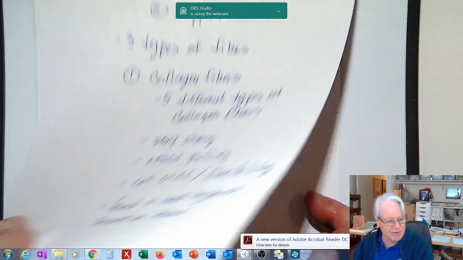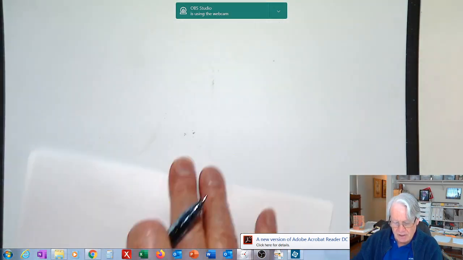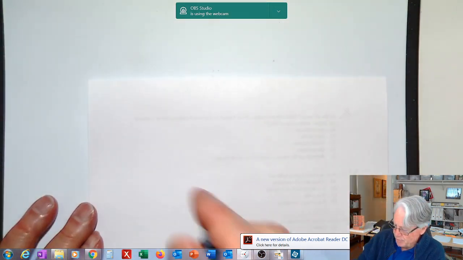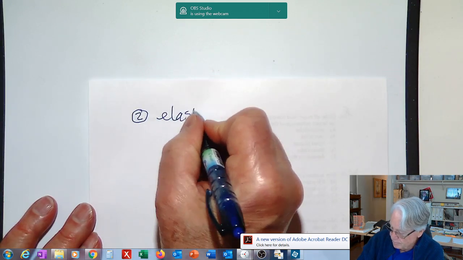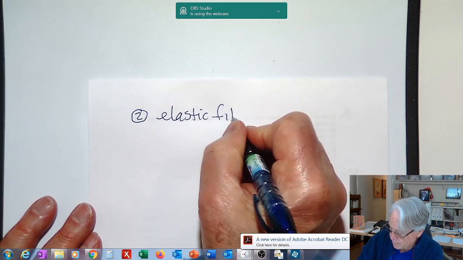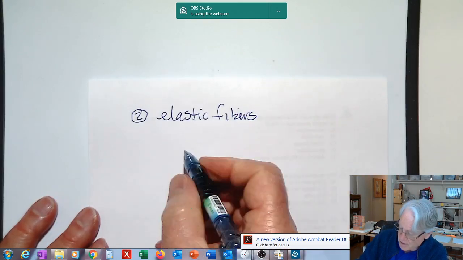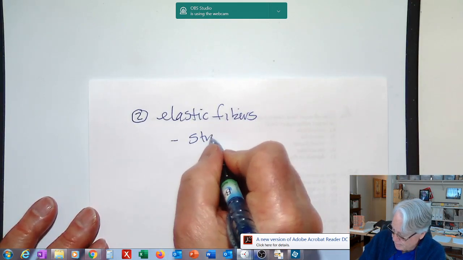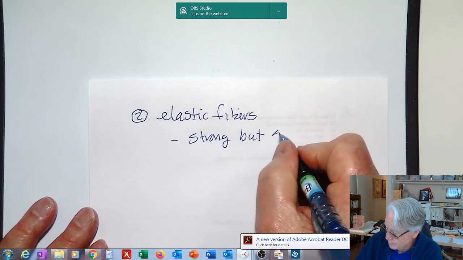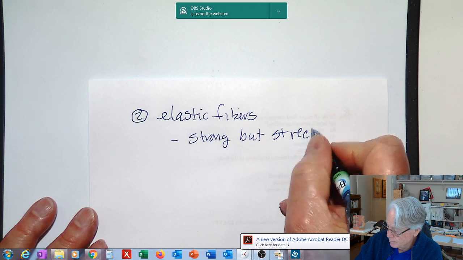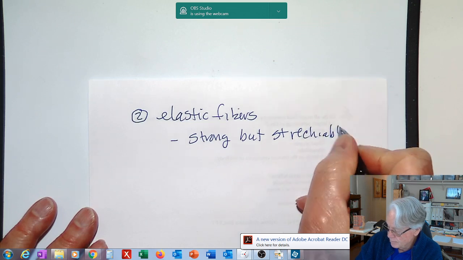A second type of fiber is elastic fibers. So number 2 on our list is elastic fibers. And these are strong, but they're stretchable. Okay.